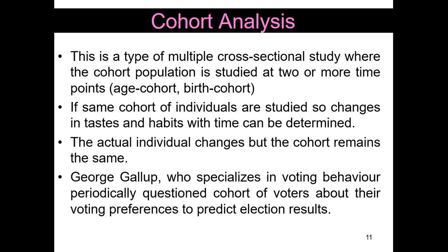So there is a huge population, and this population we keep on studying subsequently, generally after a uniform time gap. Say we study it at the end of 1 year, then after another year, second year, then at the end of third year, like this. So what will happen? This population will keep on decreasing because it is a cohort. We start with a fixed population, and nobody from outside the population is allowed to enter once the study starts.